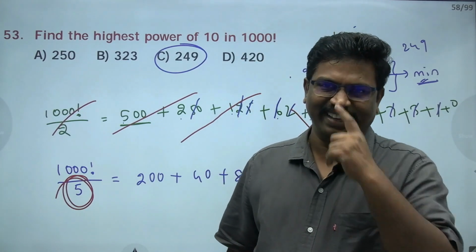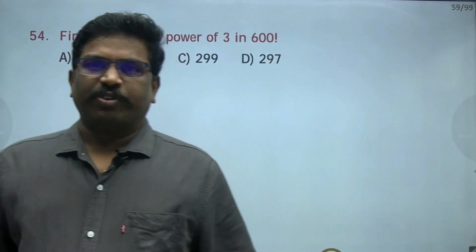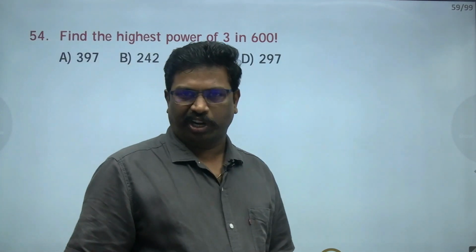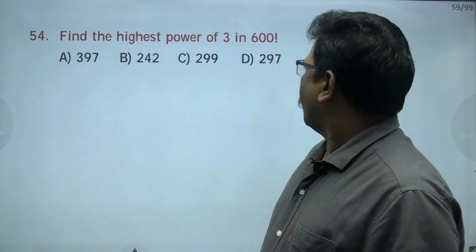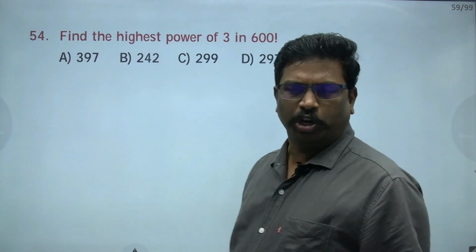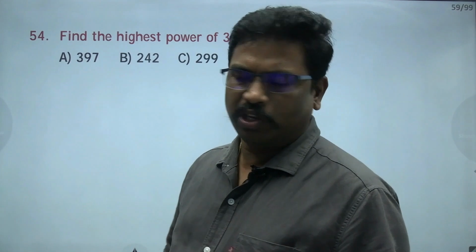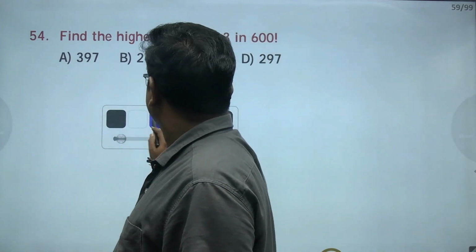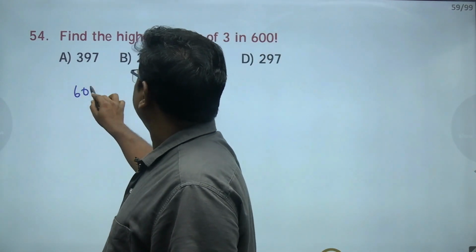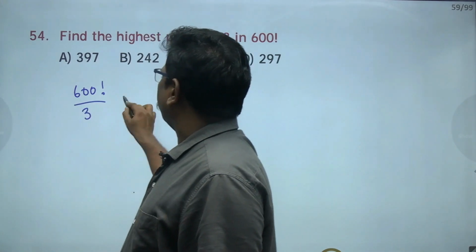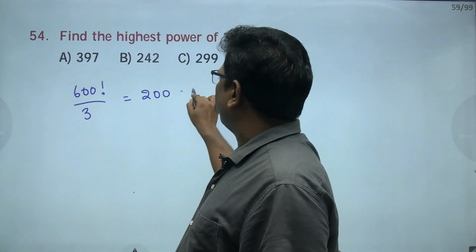Clear? Next question. Question number 54. Highest power of 3 in 600 factorial. Find the highest power of 3 in 600 factorial. So start. Come on. 600 factorial by 3 is 200.